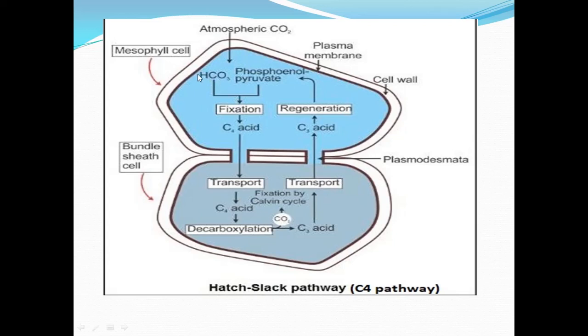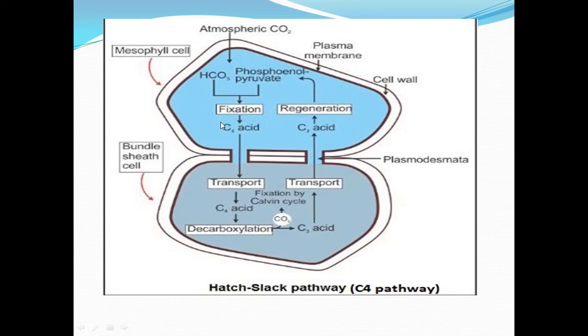Now this HCO3 combines with one molecule of phosphoenol pyruvate, in short called PEP, which is a 3 carbon compound, to form a 4 carbon acid such as oxaloacetic acid.